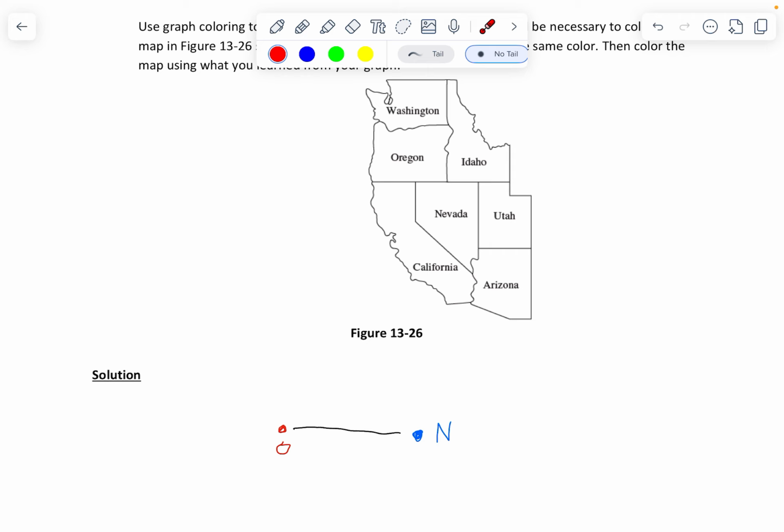If we make them both green, then Arizona and Utah have to be different colors, but they can't be either blue or green. So this shows that at least 4 colors are needed.